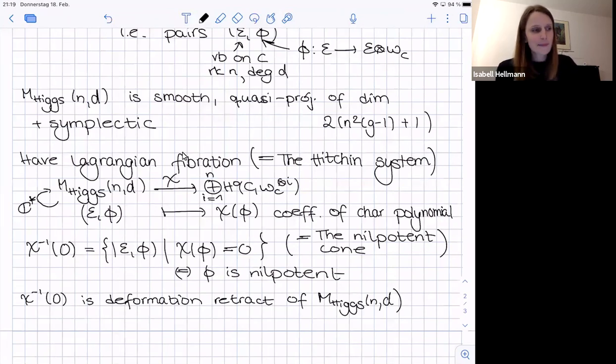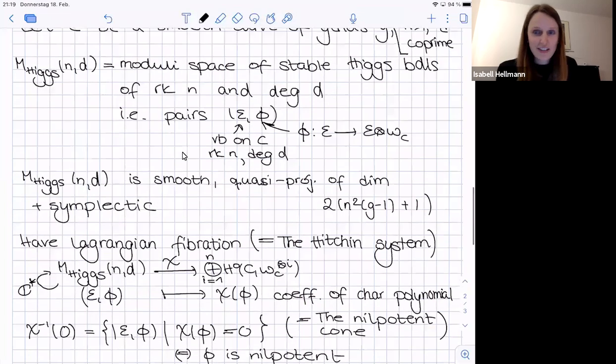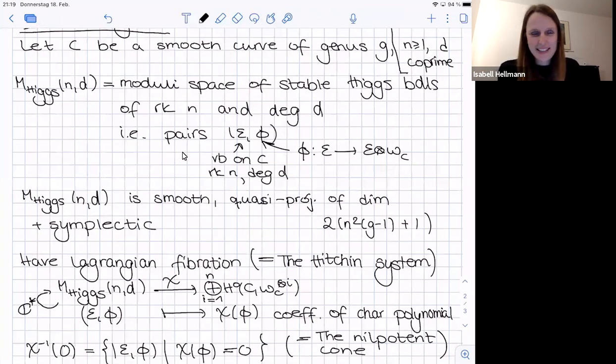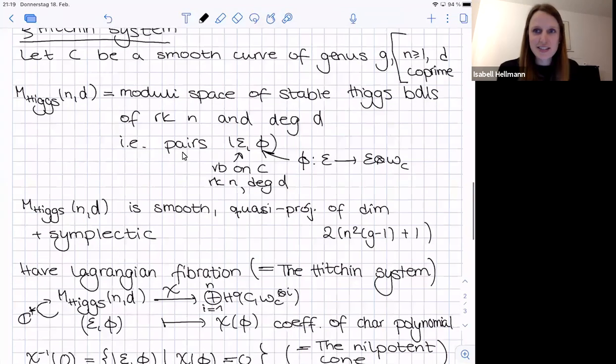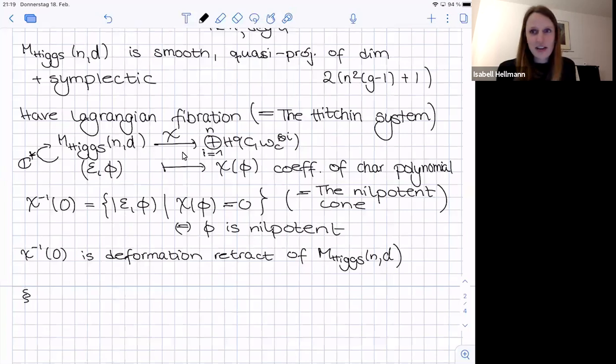All right. Are there any questions concerning the Hitchin system? Okay, if this is not the case, I'll go on and explain what I promised: what is the link between this nilpotent cone and the Mukai system, or more generally between the Mukai system and the Hitchin system? The answer is that there is actually a degeneration going on.